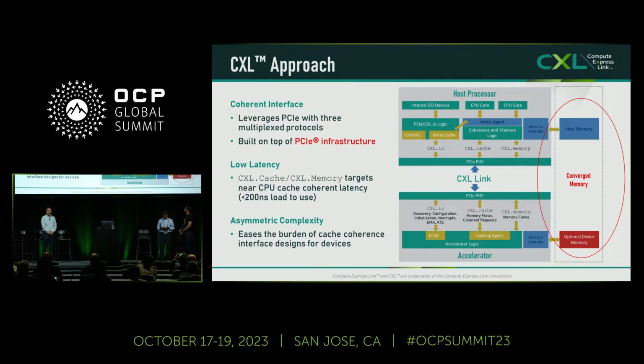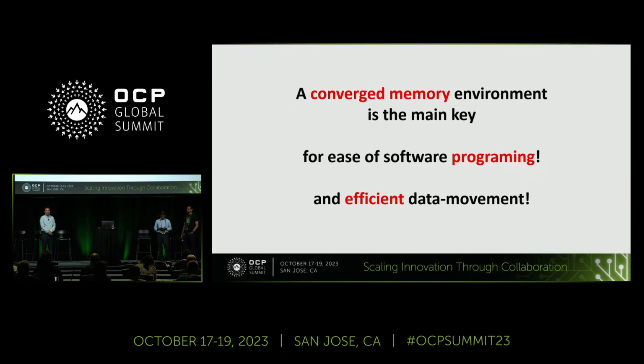When we combine them all, then we get into a converged memory. That's where the accelerators and host can share memory regions for efficient data movement. So basically, this converged memory is key for easier programming for software developers and more efficient data movement.